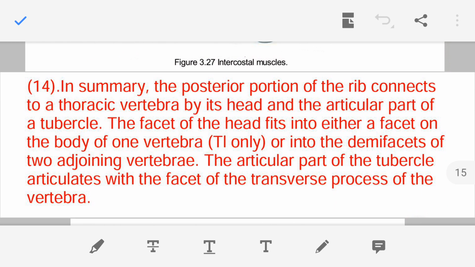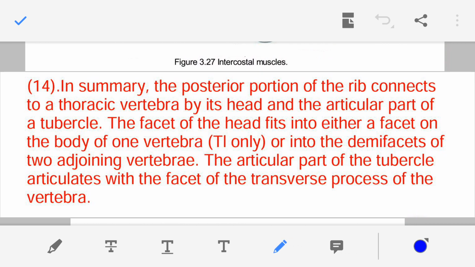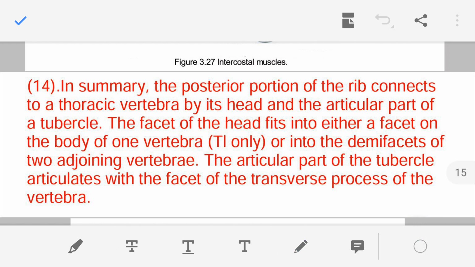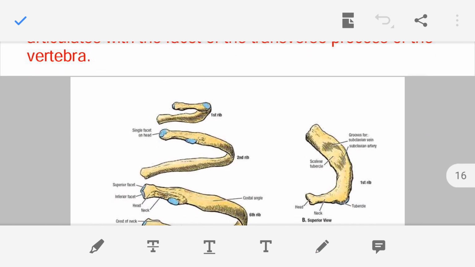Now moving on to the last point, you can go through this point, and this point is something regarding the facet and demifacet. Now you can go through this, and I am directly explaining this point.